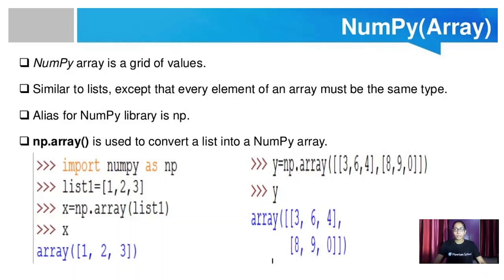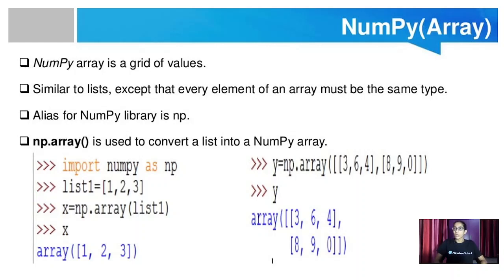Now, how are NumPy arrays written and generated? A NumPy array is just a grid of values. It can be one-dimensional, two-dimensional, three-dimensional or multi-dimensional. In Python we know that aliases are alternate names for referring to the same thing.